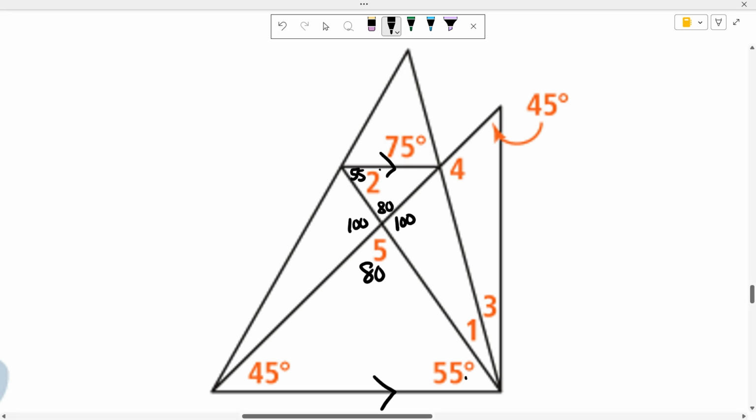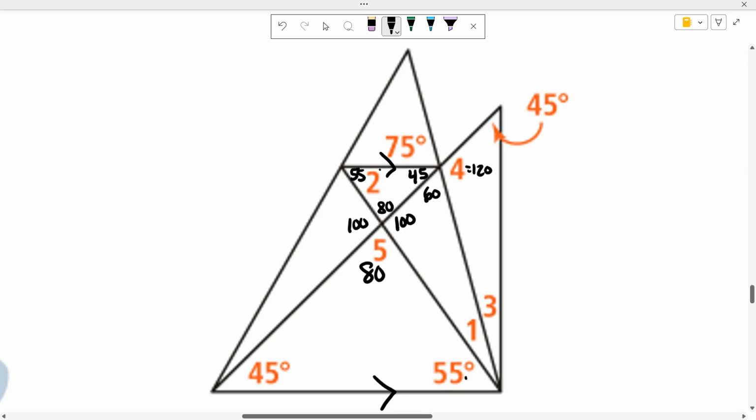And because this is 80 and this is 55, what's left for this angle here? 45. And since this is 45 and this is 75, this is 120 between these two. What's left for this one? 60. And since this is 60 and it's a linear pair with angle 4, what's angle 4? 120.